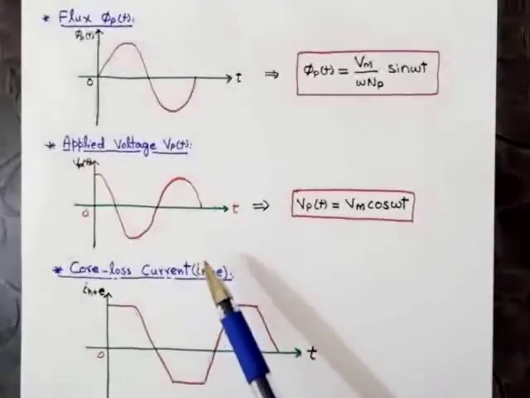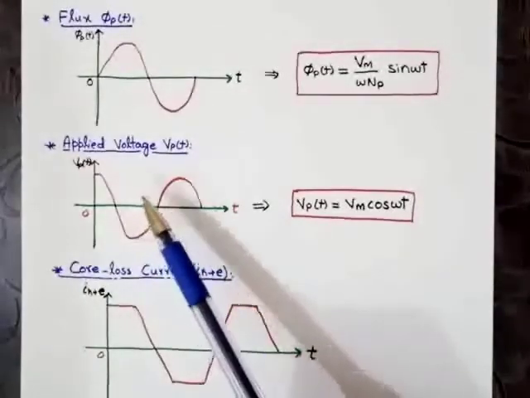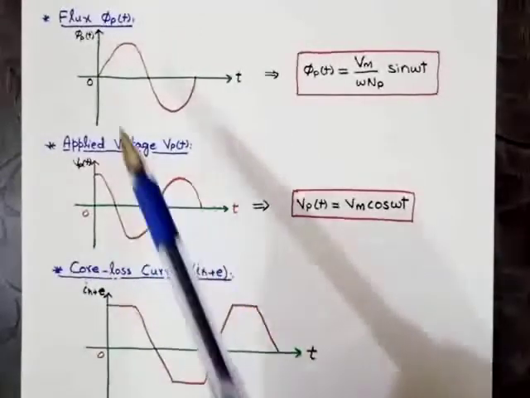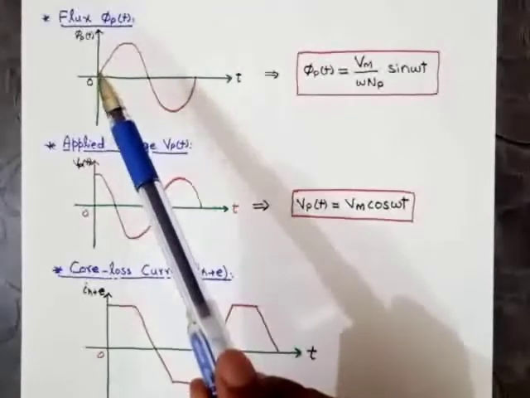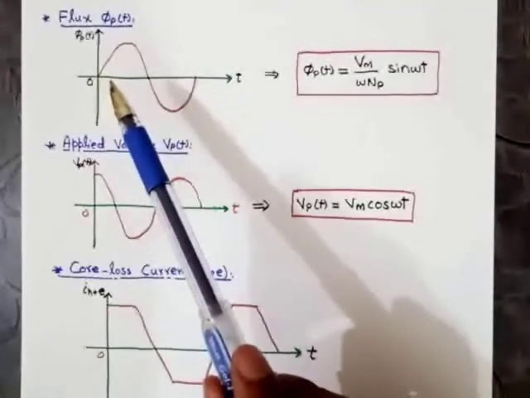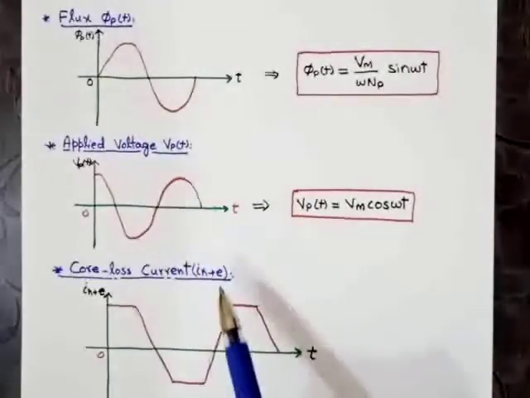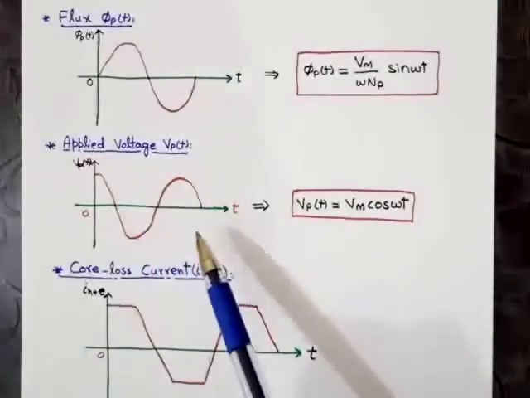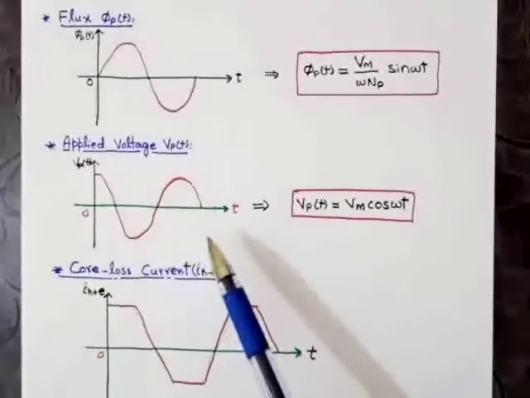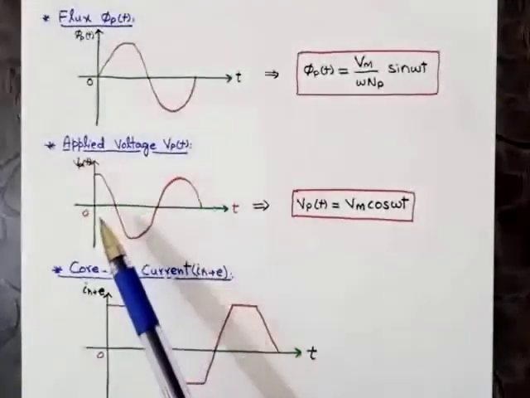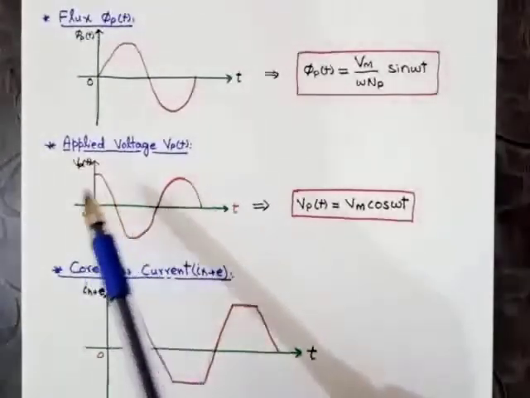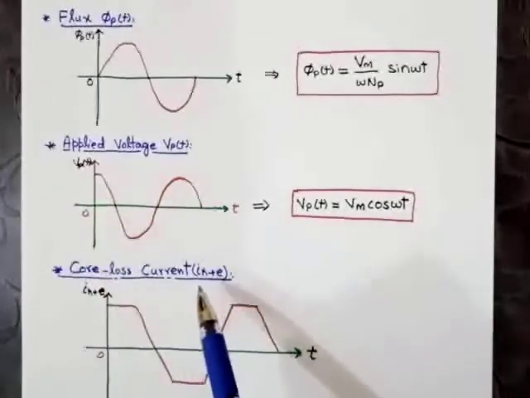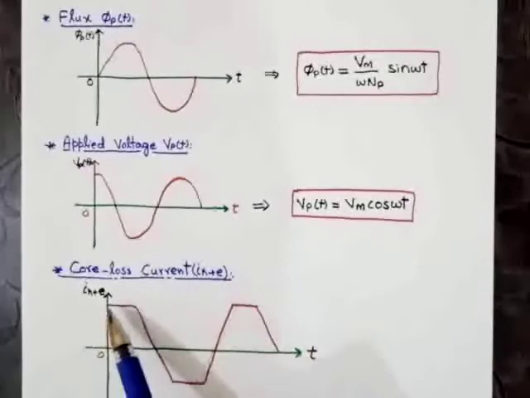It means the relationship between applied voltage and hysteresis losses is directly proportional, and the flux due to the primary circuit and the eddy current losses are directly proportional as well. So as you can see in this waveform, when the applied voltage is maximum, the hysteresis losses will be maximum.